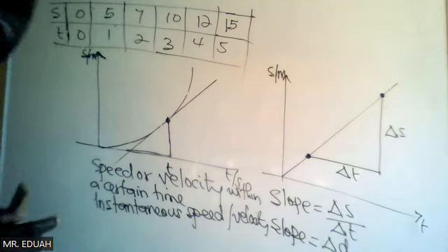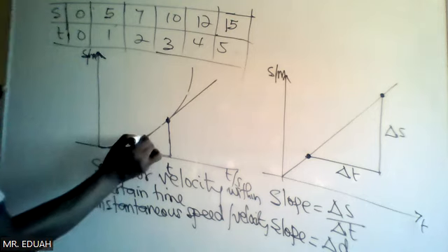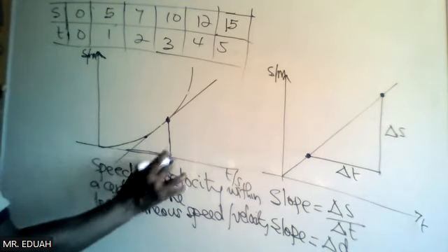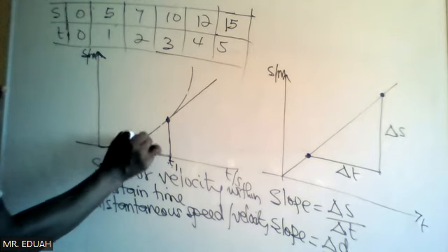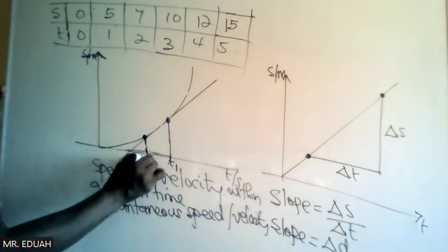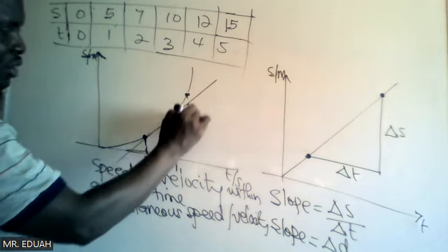If it is increasing with time, then supposing I take a time t1, and I take time equal to t naught, and I take time equal to t2.